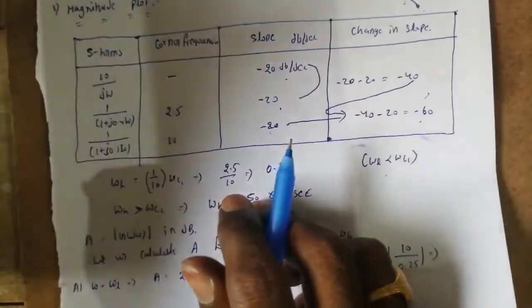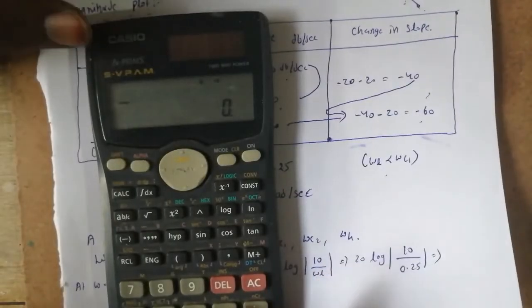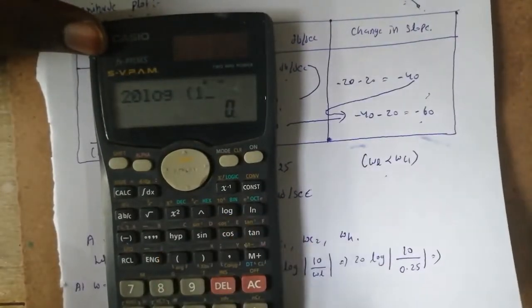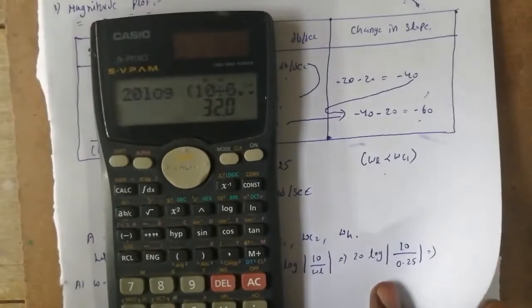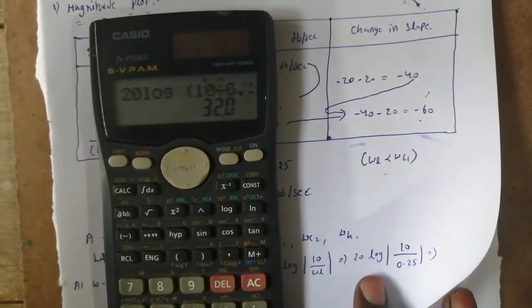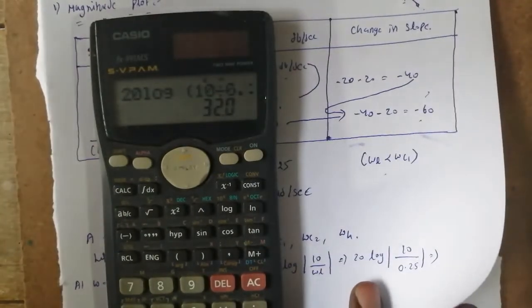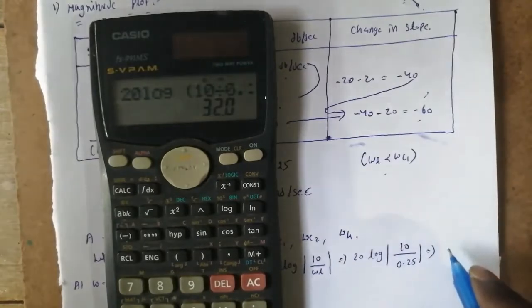So if you find this value, 20 log 10 divided by 0.25, it is 32. Right, its value is 32 decibels.